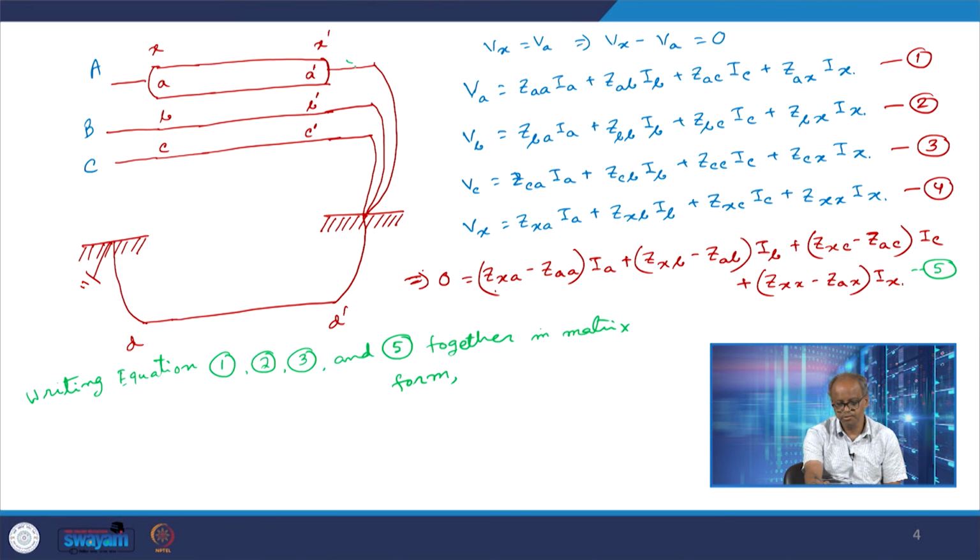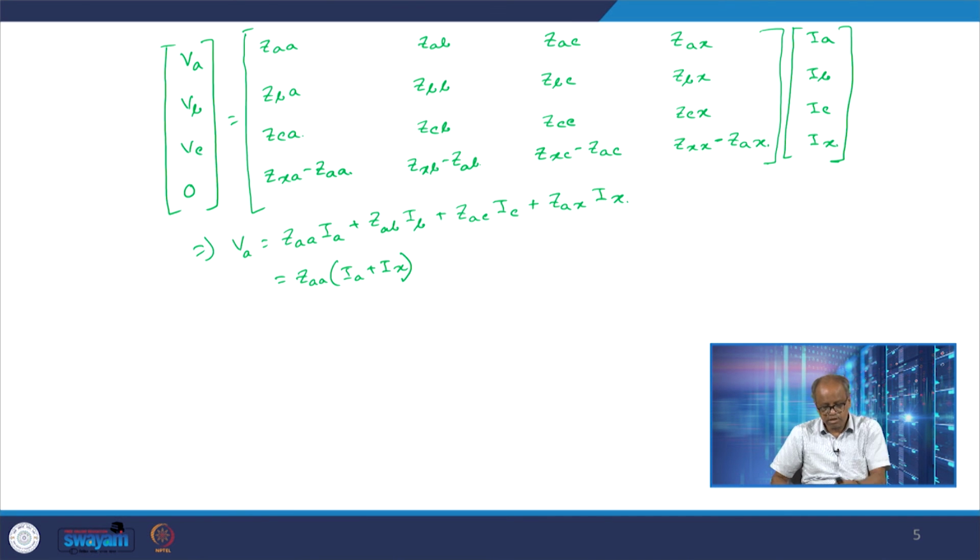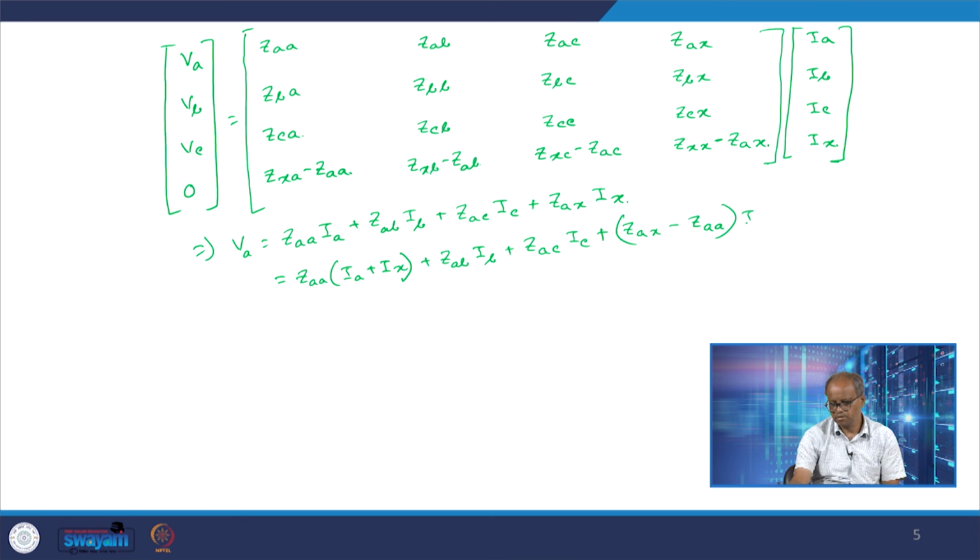So here the current would be IA plus IX, here the current is IB, here the current is IC. So to simulate the case of the phase A bundle configuration, we have to take the current as IA plus IX, plus ZAB into IB plus ZAC into IC plus ZAX minus ZAA into IX.